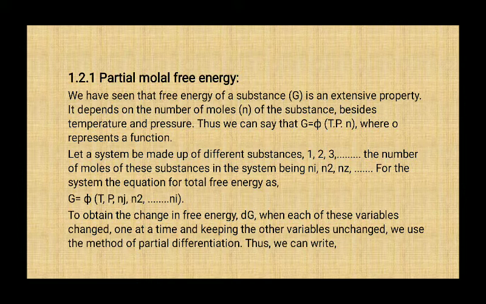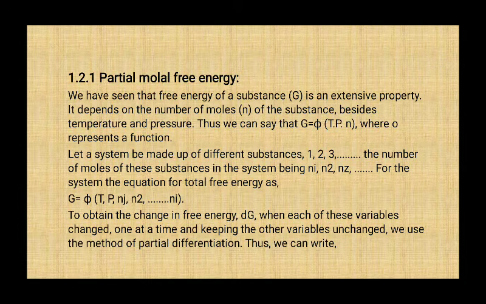To obtain a small change in free energy, it is denoted with the help of the letter dG. When each of these variables changes one at a time, keeping the other variables unchanged, we use the method of partial differentiation.